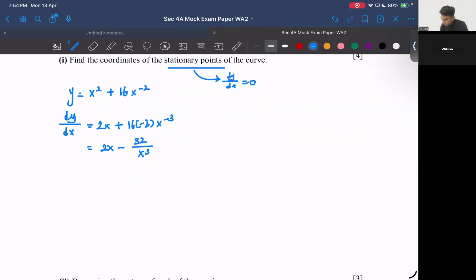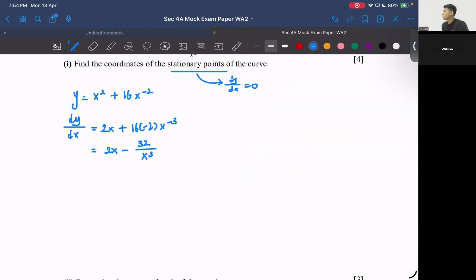Now everybody got this. The only part which some of you didn't get is this portion. If my dy over dx is equal to 0, 2x minus 32 over x cubed is equal to 0.